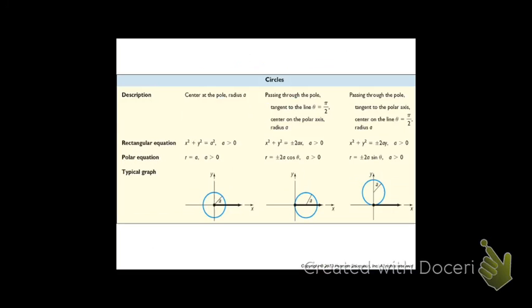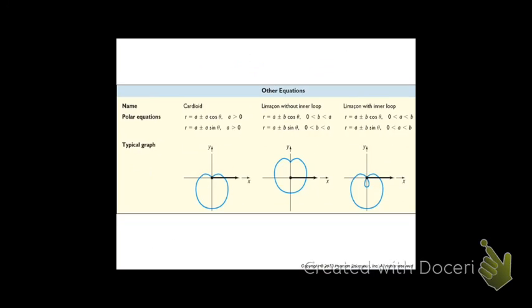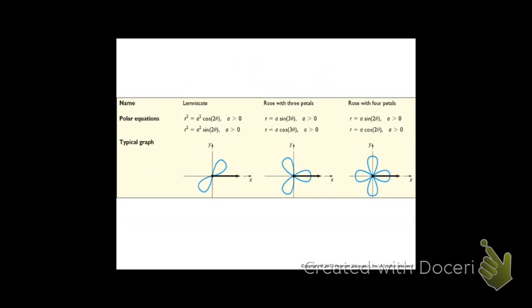And also we had the circles with the center at the origin. You can see the circle there. It's symmetric with respect to the x-axis, and then the one that's symmetrical with respect to the y-axis. And you should know what those equations are. And then we've got the cardioid and the limacons, and we talked about those. And we talked about the rose curves.